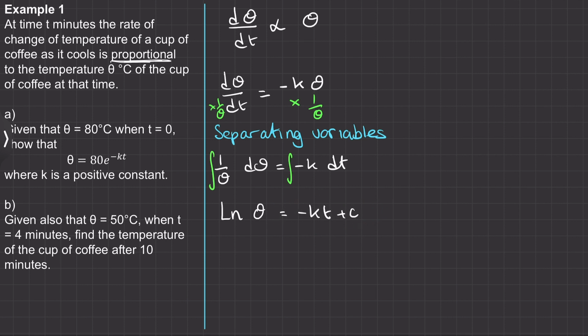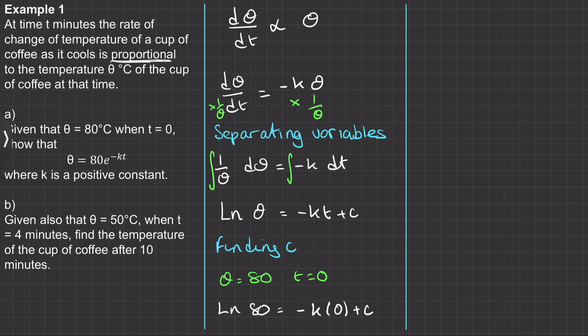Okay. If we go back to the information we've been given that theta is equal to 80 degrees when t is equal to 0, show that we have this model. So now I'm going to find the constant c. We know that theta is equal to 80 when t is equal to 0, so the natural log of 80 will equal minus k lots of 0 plus c.